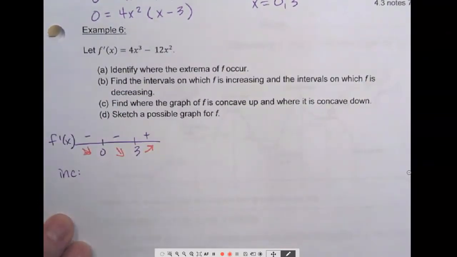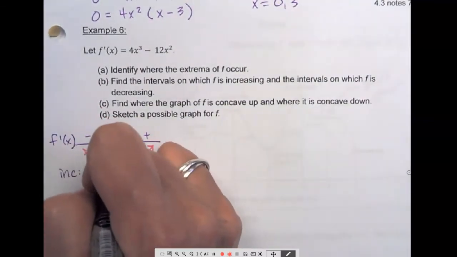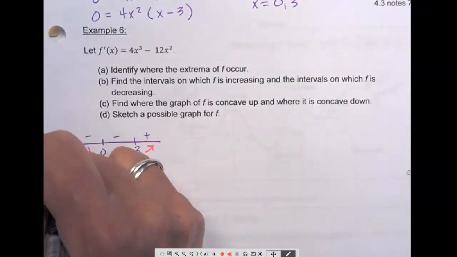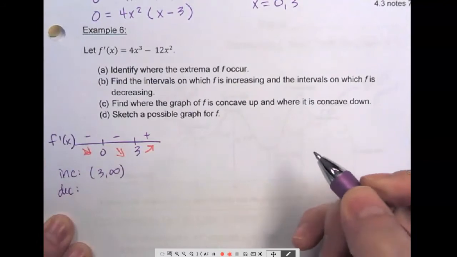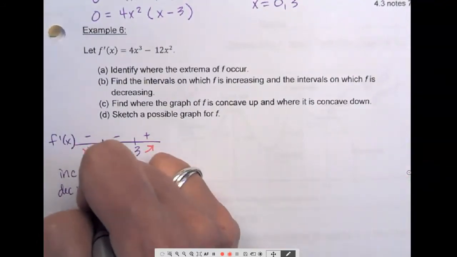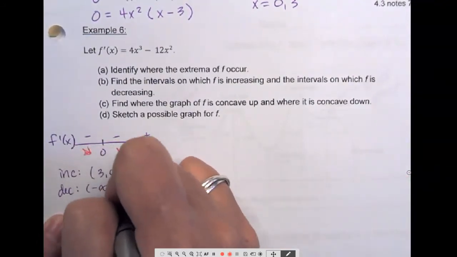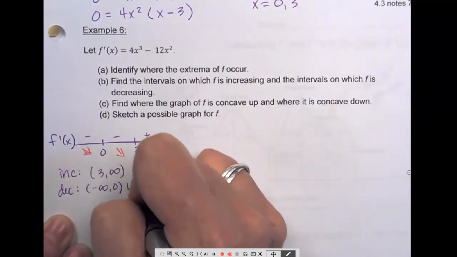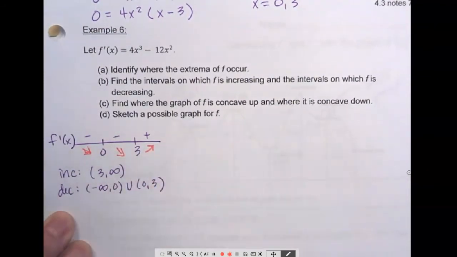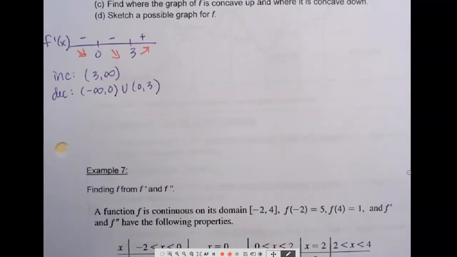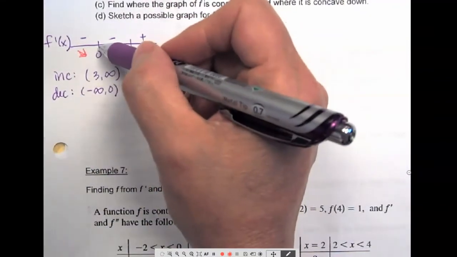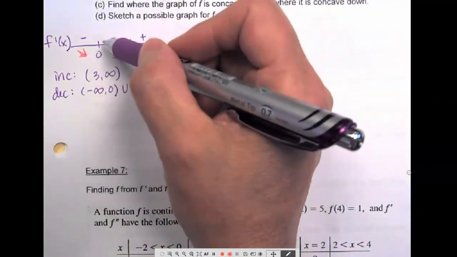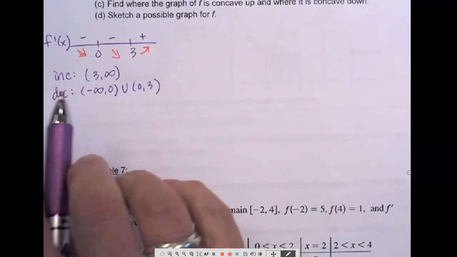Increasing from 3 to infinity. Decreasing from negative infinity to 0, union 0 to 3. I can't include 0. I have to skip over it because it's a slope of 0 there. It's not a negative slope.